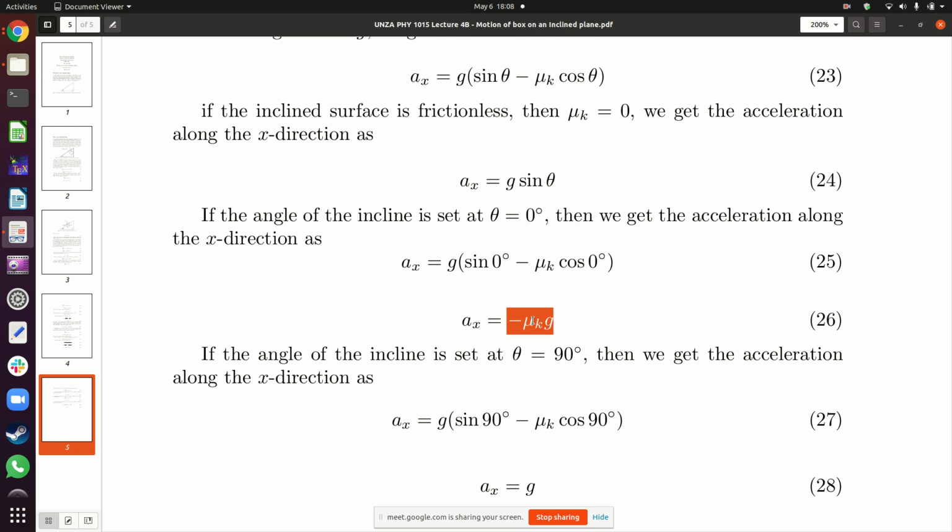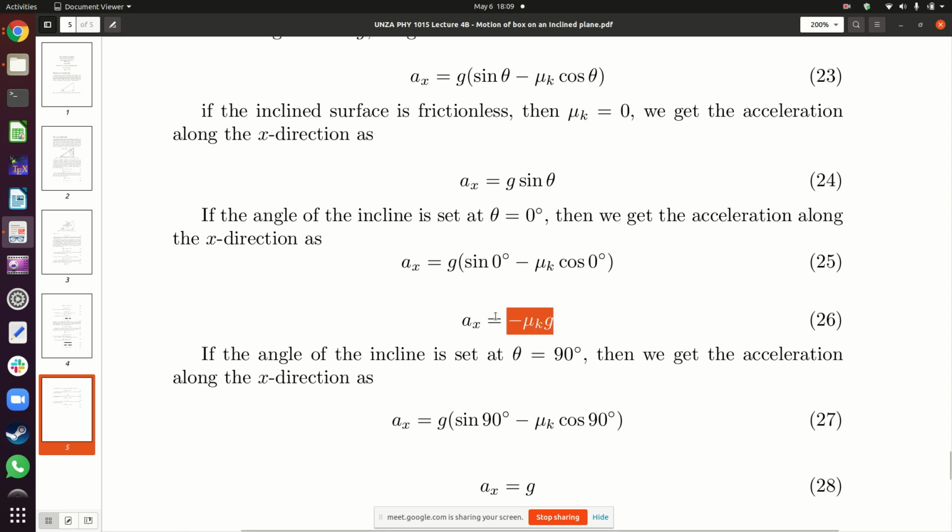We looked at a case of sliding, I think, last week, when we were working out the resultant forces, where we said if the pulling force becomes equal to 0, then the acceleration is going to become equal to minus the friction force divided by the mass. That minus friction force divided by the mass is just this thing.